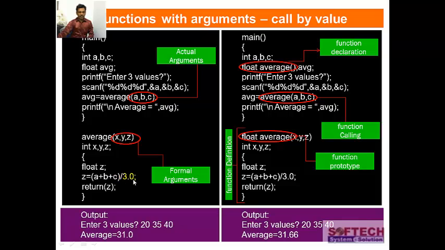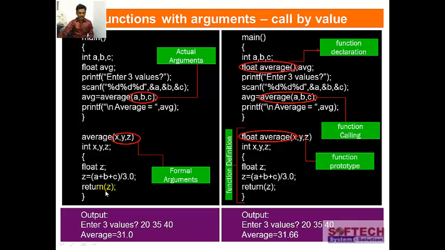So 95 is an integer, 3.0 is a float, and the result will be 31.66. Z is also a float variable, so it has 4 bytes and it can store a float value. Integer and float yield float, so that 31.66 is stored into z.